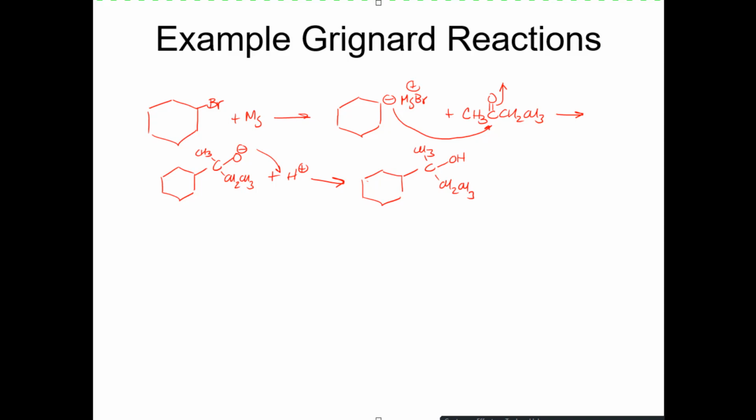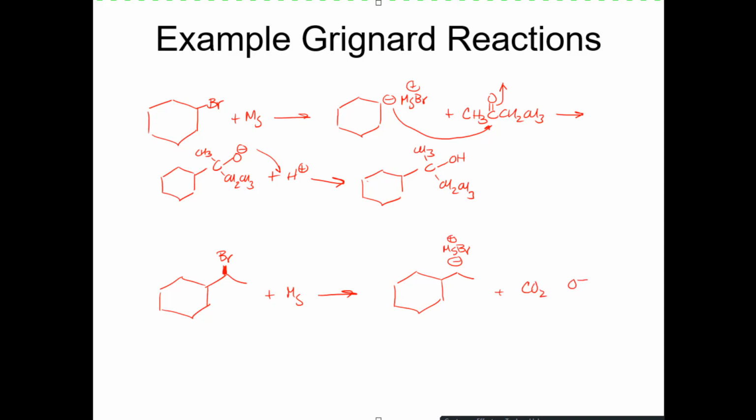Another example would be, let's say we take a cyclohexyl group, but now we take our bromine in this position, and we now add magnesium metal to that. We would end up with this carbanion, and let's say I wanted to react that with CO2.